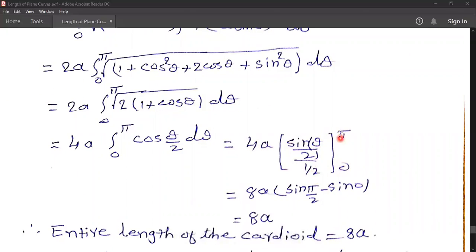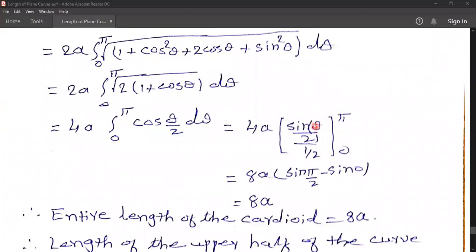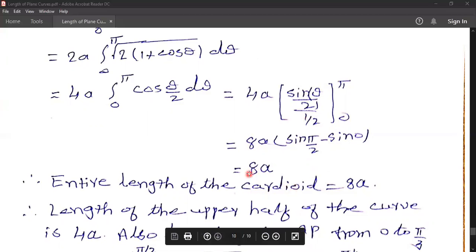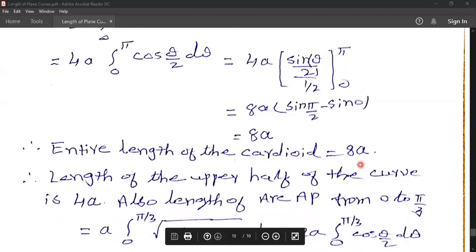Put in the lower limit and the upper limit: sin pi by 2 minus sin 0. Then this 2 goes to this side, becoming 8a. Sin pi by 2 is 1, sin of 0 is 0. Therefore, this becomes 8a. 8a is the entire perimeter, or the entire length of the cardioid.